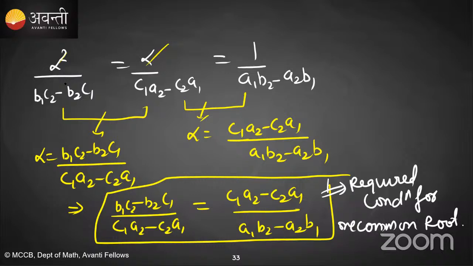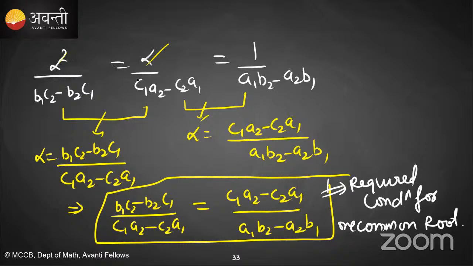So now see, this is equal to this and this is equal to this also, right? So comparing these two, take this here, C1 A2 to the numerator. So alpha becomes C1 A2 minus C2 A1 divided by A1 B2 minus A2 B1. Now comparing these two, alpha square upon something is equal to alpha upon something.